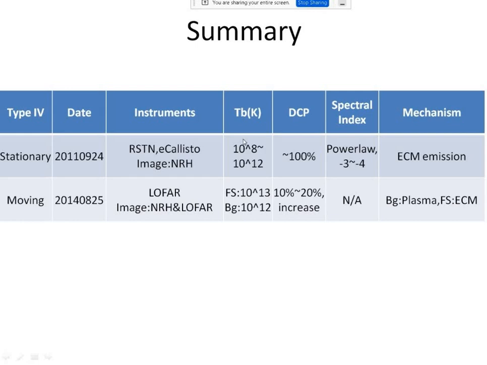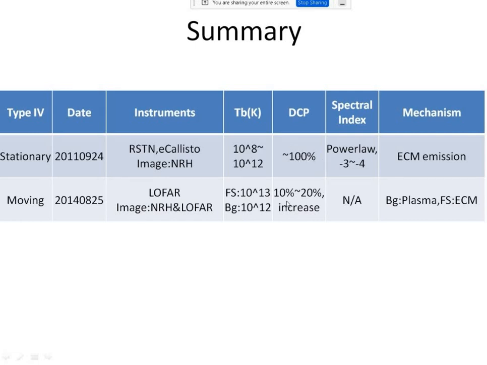And the TB of the stationary type 4 is 10^8 to 10^12. For the moving type 4, we checked not only the background TB but also the fine structures. The fine structures are 10 times higher than the background. The DCP of the stationary type 4 radio burst is approximately 100%.